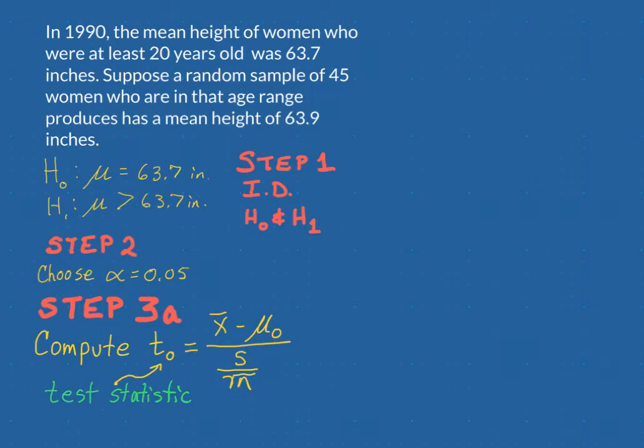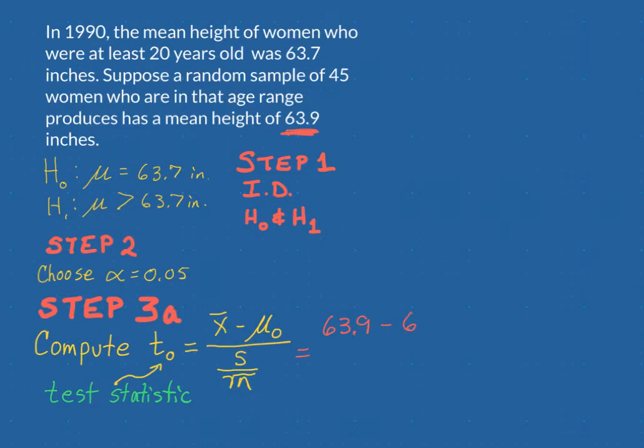So let's see. The sample mean is here. We have 63.9 inches. That's our sample mean, minus what was the initial mean of the population?